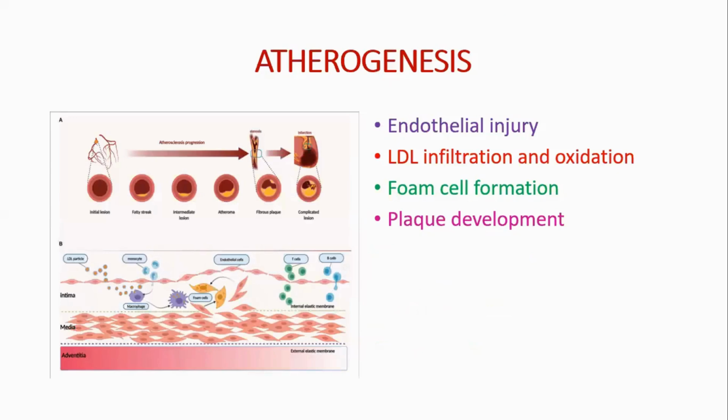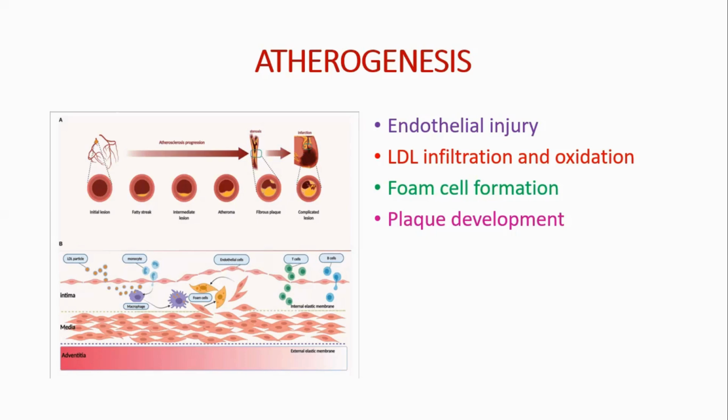Atherogenesis refers to the process of formation of an atherosclerotic plaque. The process begins with the injury to the endothelial lining of the artery. This injury allows LDL cholesterol to infiltrate the arterial wall where it undergoes oxidation.